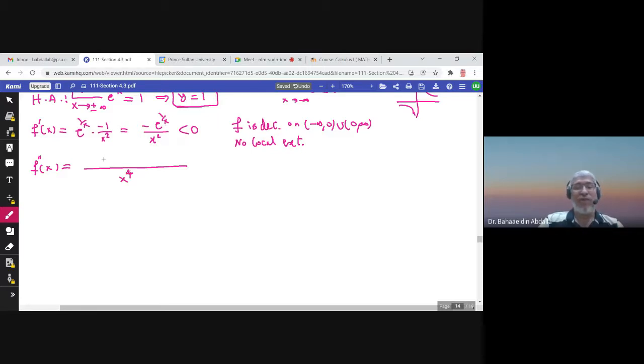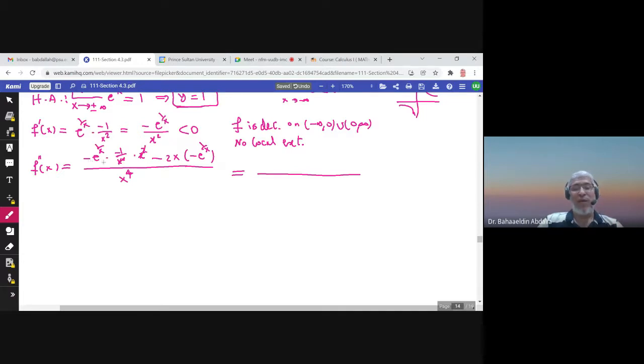The derivative of the numerator, negative e to the power 1 over x, times the derivative of 1 over x, which is negative 1 over x squared, all of this times the denominator, which is x squared. Minus 2x, the derivative of the denominator, times negative e to the power 1 over x, the numerator. Let us simplify: x squared cancels with x squared.